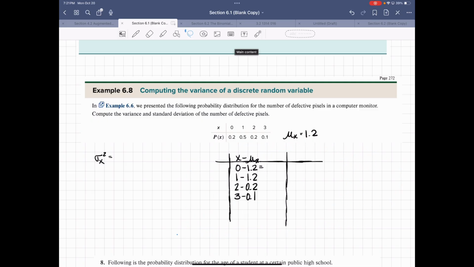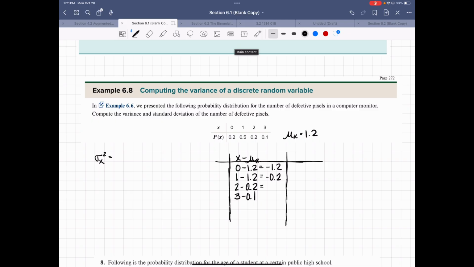All right, so that's going to give me negative 1.2, right, in that first one. And then I'm going to get what? Negative 0.2. Everybody agree?